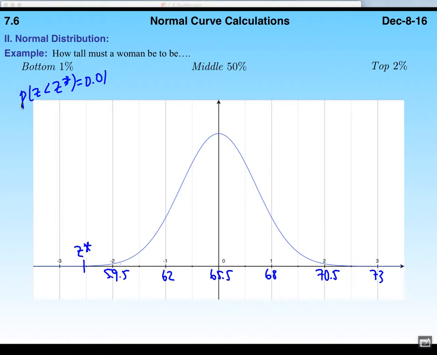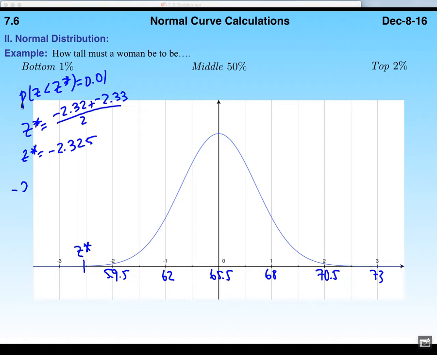Yeah, you guys agree? Okay. So our z-score is the average of -2.32 and -2.33. So our z-score is about -2.325. And now you need to convert that back to a woman's height.